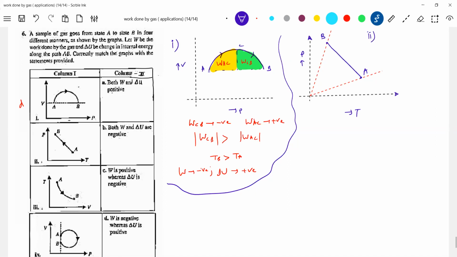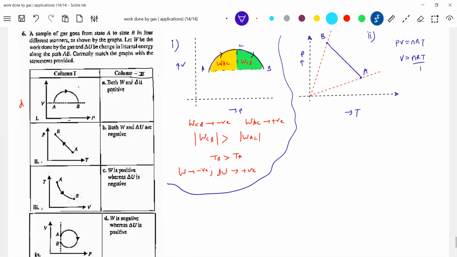Now look at pressure, temperature. Can we say anything about the volume of gas at B and A? Anybody? So the slope of this, what will we get? I use the ideal gas equation, PV equals nRT. We wanted volume, no?